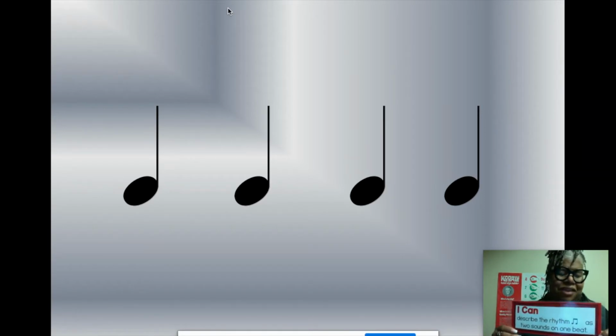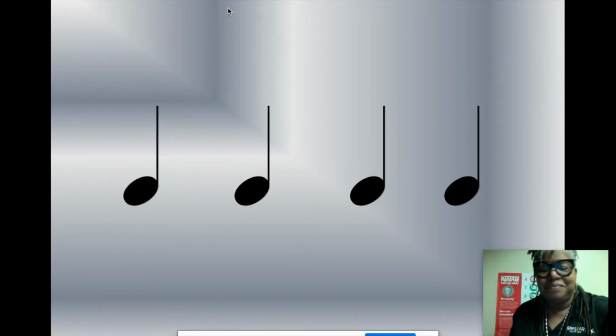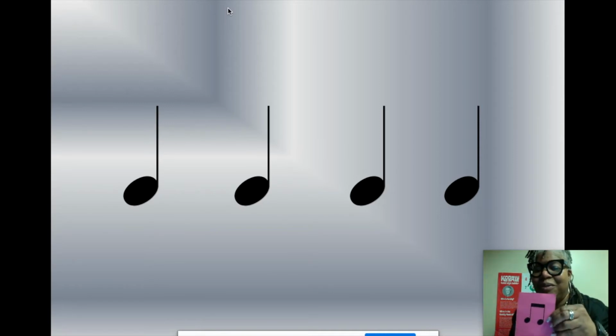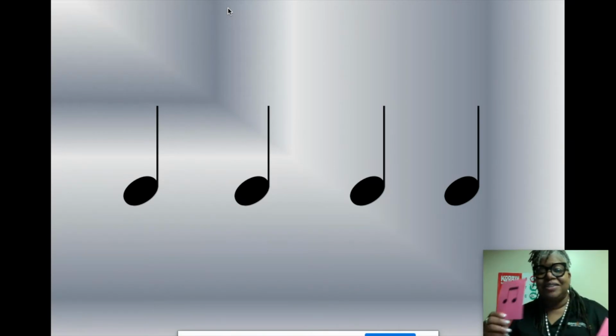It's like when you're taking something and splitting it in half, like if you want to share a candy bar with somebody, instead of one long piece of candy, now you have two shorter pieces of candy divided in half. I'm going to show you the eighth notes. When we count them, we say ti-ti. So we have the quarter note, which is ta, and eighth notes, ti-ti.